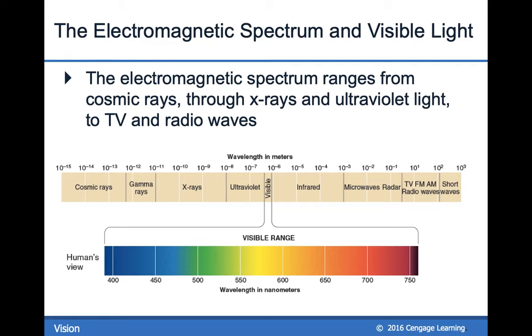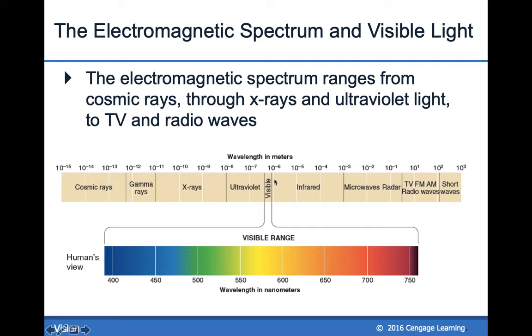Cosmic rays are these super tiny little waves, and then we have X-rays you probably have heard of before, ultraviolet light you probably have heard of before. We have this teeny little sliver in the middle. That's the visible light that we actually can see as humans. Above that is infrared light, microwaves, radar, and then TV, AM, FM radio, and then short waves.